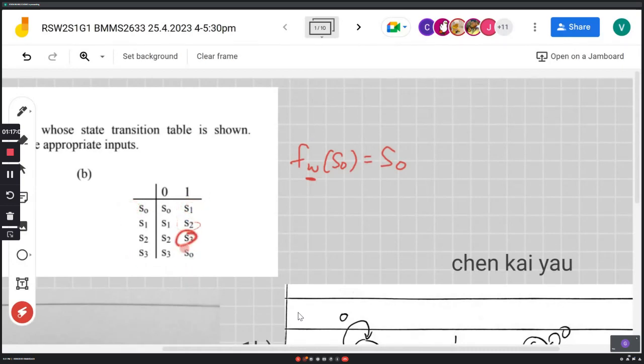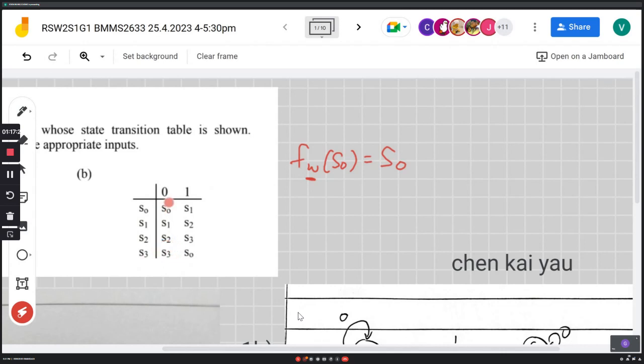Four 1s, come here again. If in between 1s you have 0, let's say 1, then 0, you will remain at S1. Then 1 again, 0 again, you will remain at S2. 1 again, come to S3. 0 again, you will remain there.